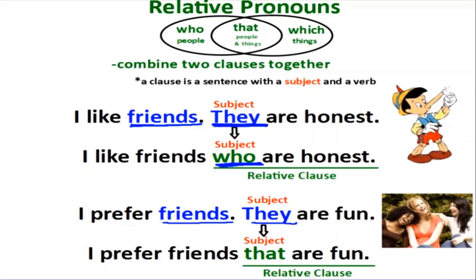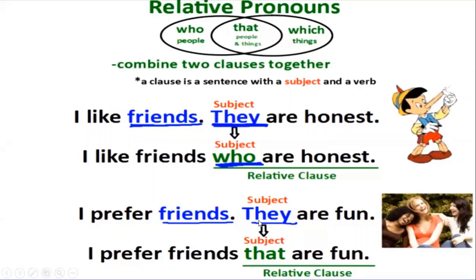Remember that a subject is just either the person or the thing that performs an action, that does an action, right? So like in this example here, who are, take a look, who is working as they. It is just replacing it, but it still means the same, right? It has the same intention as they, even though it means quien in Spanish, right? The intention is still the same, like they, because it's referring to friends.